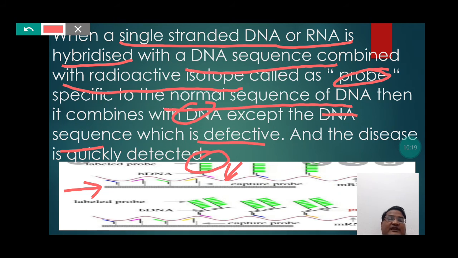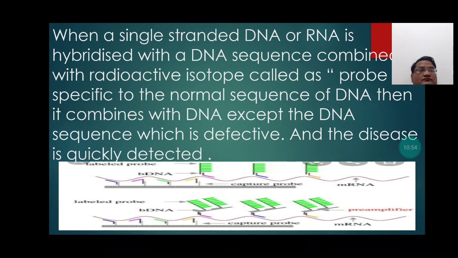So students, this DNA incorporated along with the probe further combines with the DNA having the normal sequences except with the sequences which are defective, and as a result the DNA with defective genes are quickly detected and further can also be utilized for treating the person.